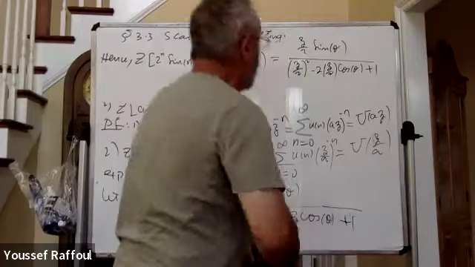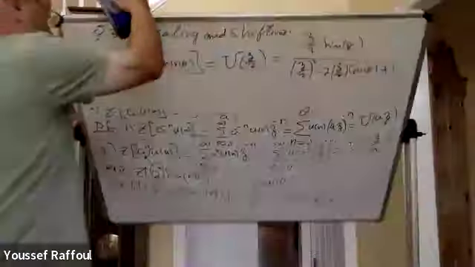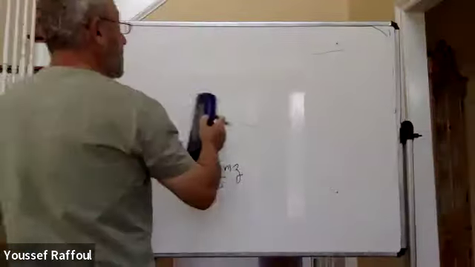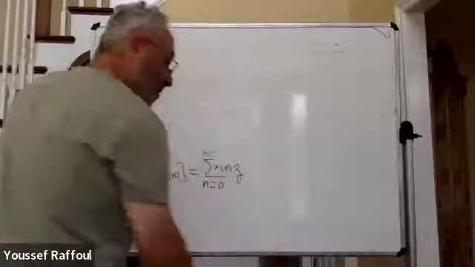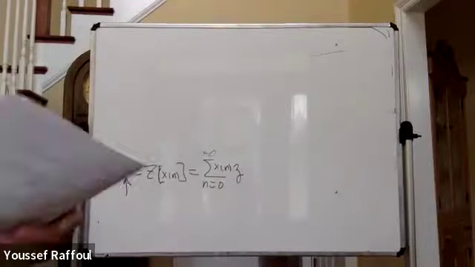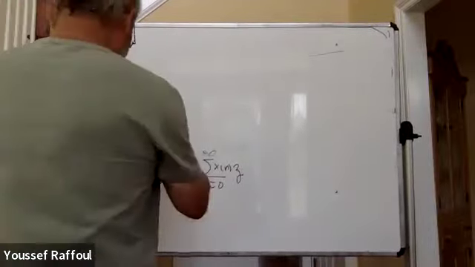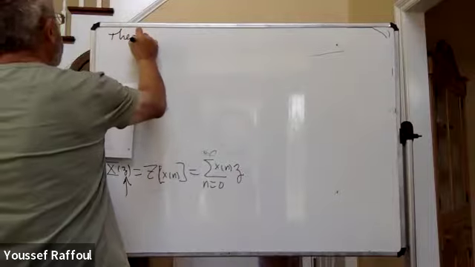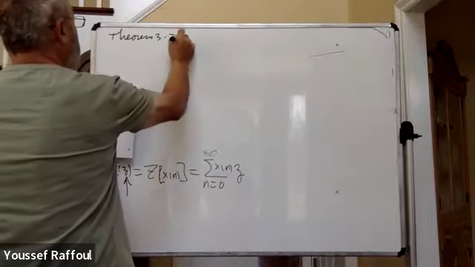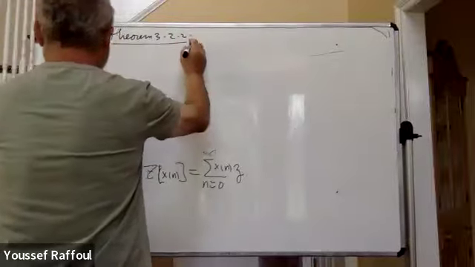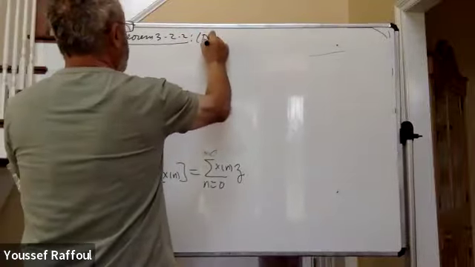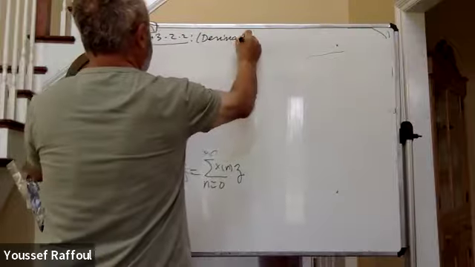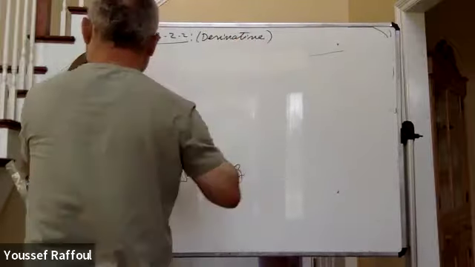So let us move on to something else. Now with the Z transform, there is differentiation too. Theorem 3.3.2, derivatives.